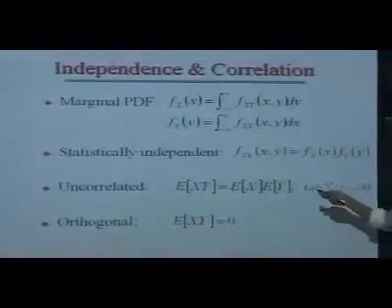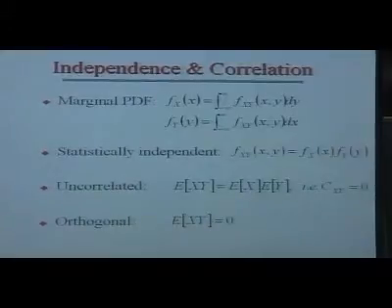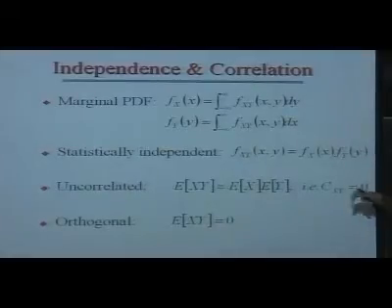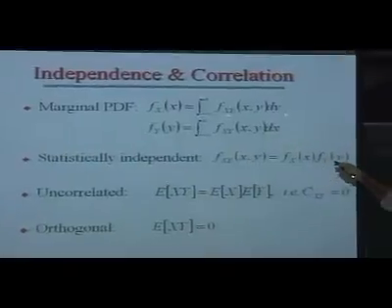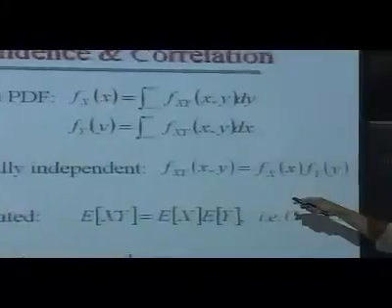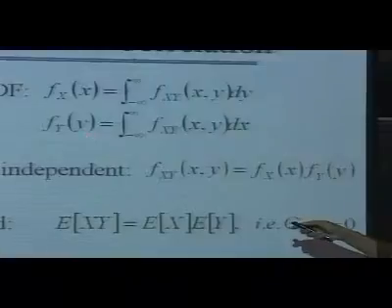Now, let's talk briefly about the concept of independence and correlation. If I have jointly distributed random variables x and y, and if I take the integral over all y, then I have the marginal PDF fx. If I take the integral over all x, then I have the marginal PDF fy.